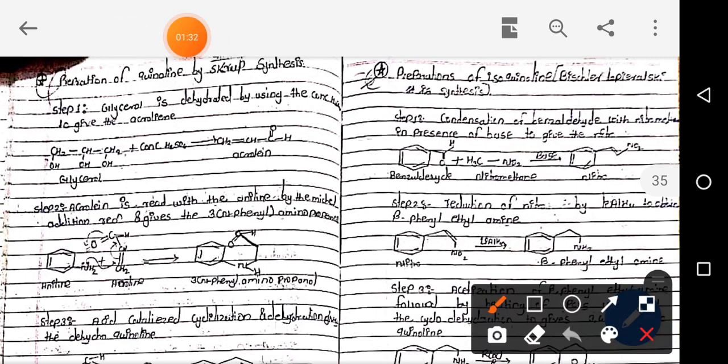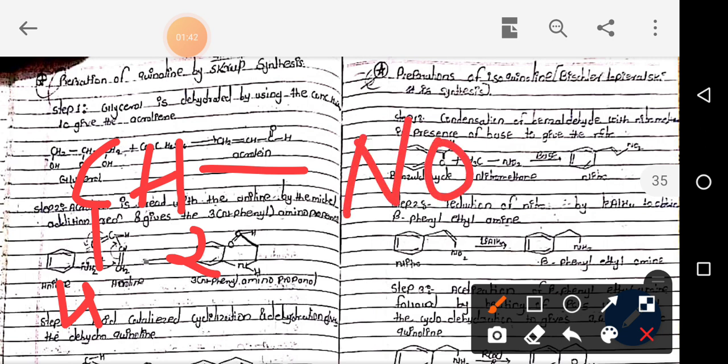Here is the CH3, with one hydrogen, CH2, and this is NO2. This hydrogen is the acidic hydrogen. So these acidic hydrogens, in presence of a base, can be easily abstracted.